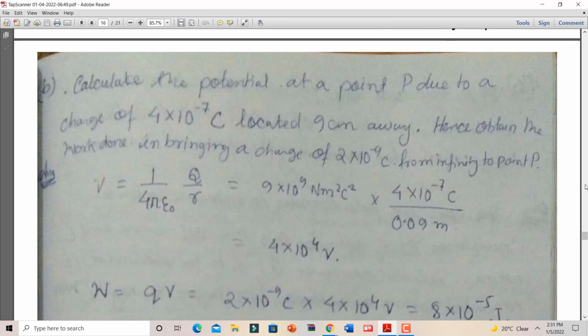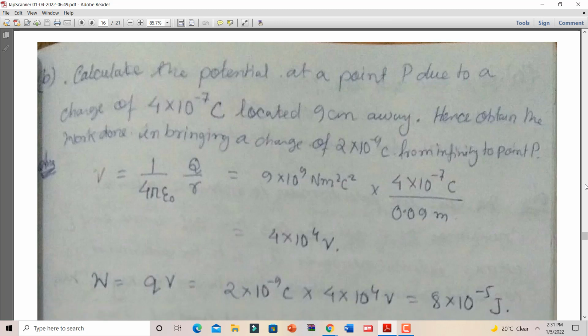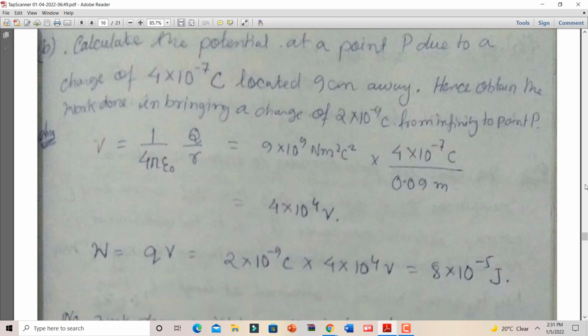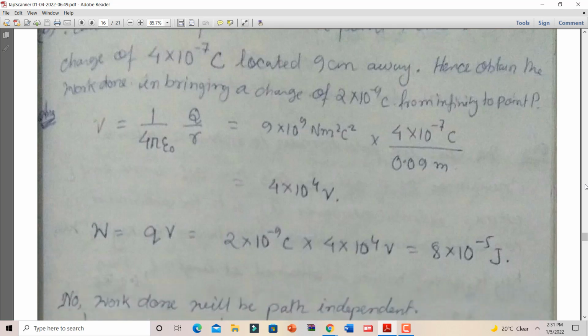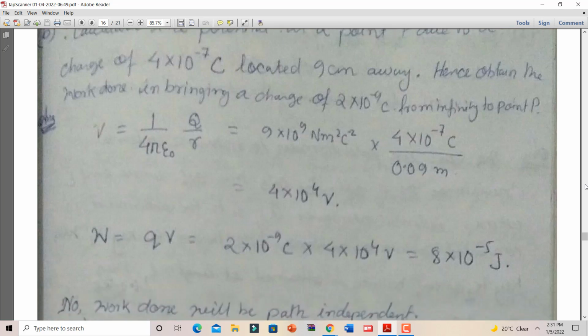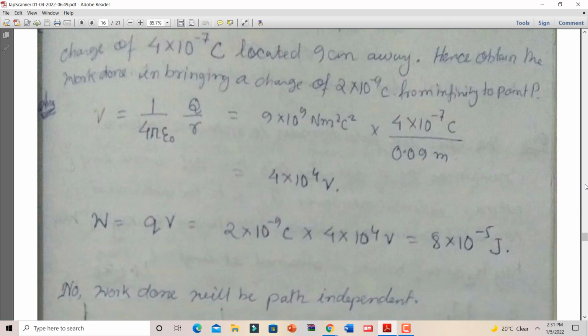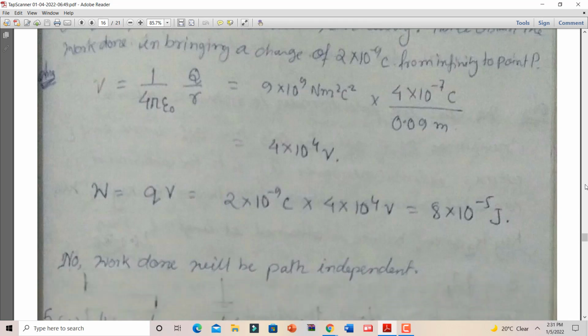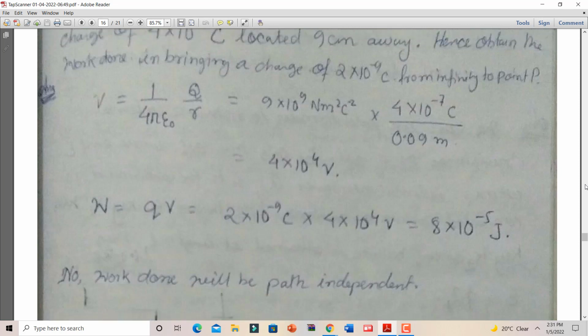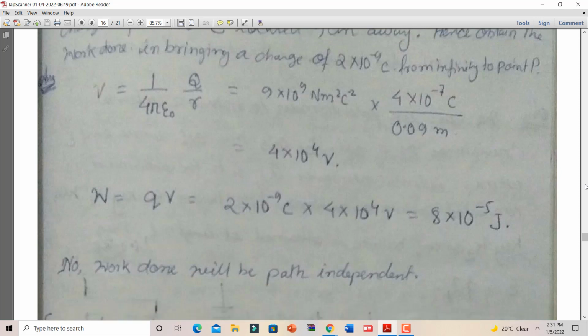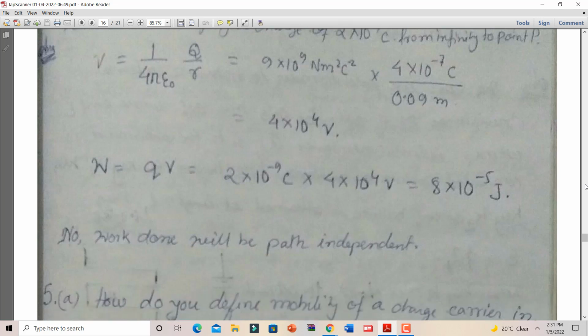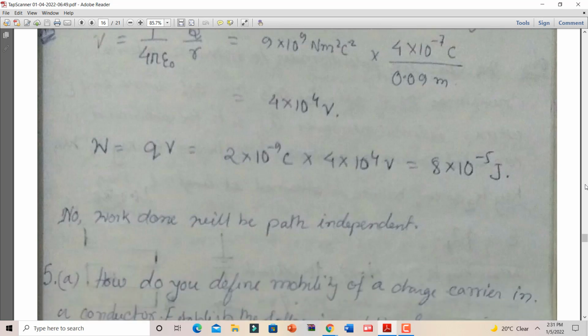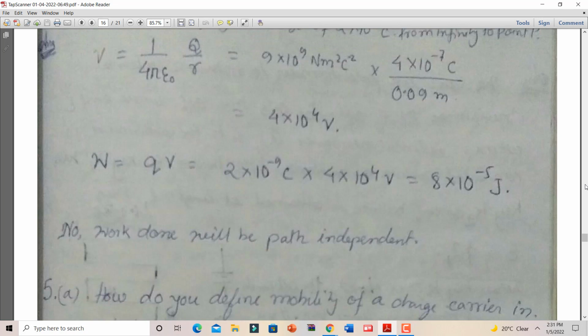Now calculate the potential at point P due to the charge 4 into 10 to the power minus 7 coulomb located 9 cm away. Hence obtain the work done in bringing the charge 2 into 10 to the power minus 9 coulomb from infinity to the point P. So we have V is equal to 1 by 4 pi epsilon naught into Q by r, where 1 by 4 pi epsilon naught is equal to 9 into 10 to the power 9.